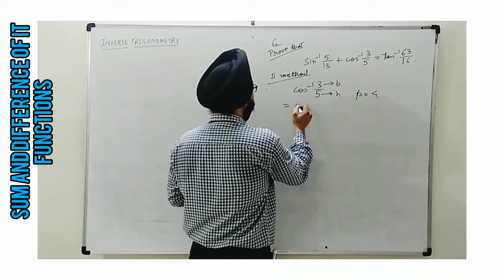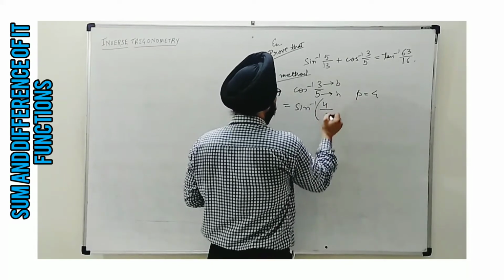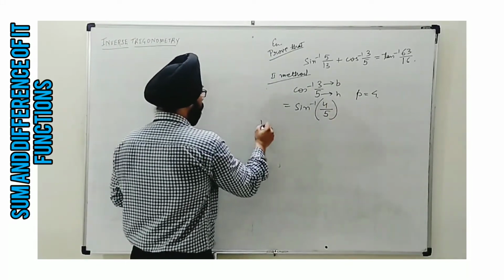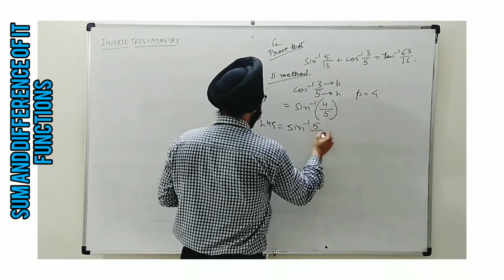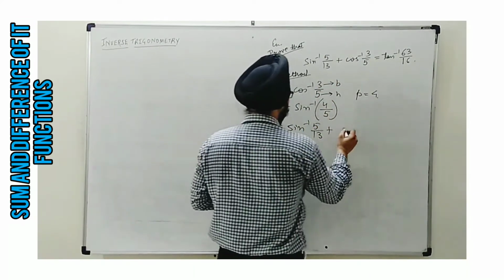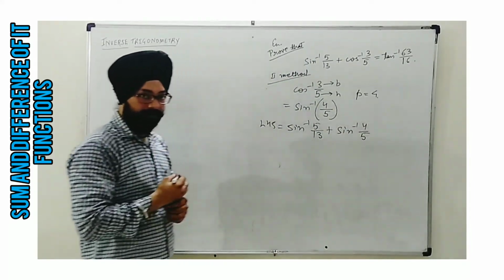Therefore, this term of cos inverse can be written as sine inverse perpendicular upon hypotenuse, meaning 4 upon 5. Now LHS can be written as sine inverse, first term as it is 5 upon 13, and second term sine inverse 4 upon 5 after conversion.